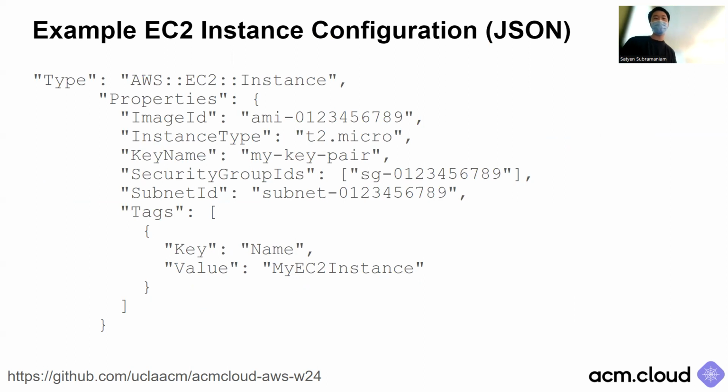So just an example of an EC2 instance configuration, and this is written in JSON. And even though you might not understand what all these specific terms mean, you can see what I mean by declarative style, where we're not saying how anything is done, right? We're just defining what we want. We want something of an AWS EC2 instance with properties like image ID this, instance type that, and so on and so forth.